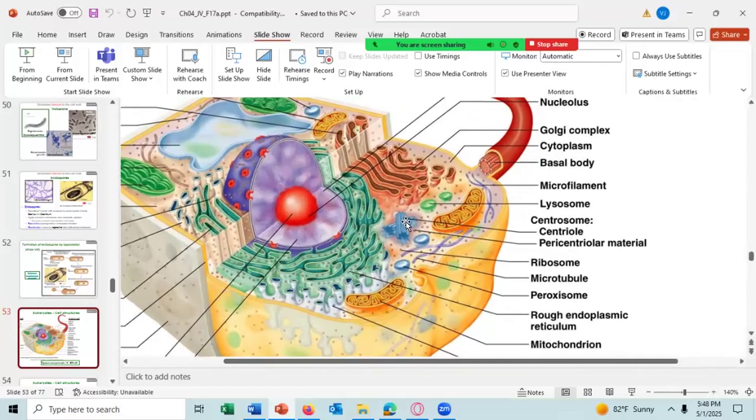The centriole is involved in mitosis, helping to form the mitotic spindle. And it is true the plant cells have a mitotic spindle, but they don't have a centriole. So that's one structure you find in animal cells. This is not a membrane-bound organelle, but it is a cell structure.